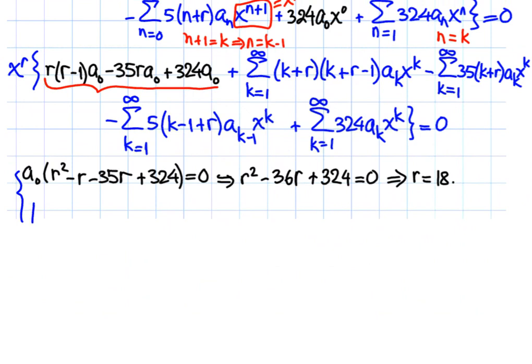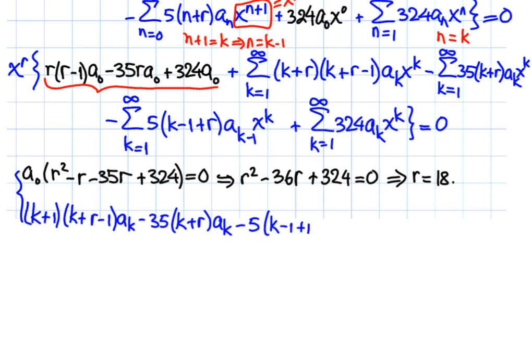So pretty much we just have k plus 1, k plus r minus 1, a sub k, x to the k, factor out minus 35, k plus r, a sub k, x to the k is factor out, minus 5, k minus 1 plus r, a sub k minus 1, and plus 324, a sub k.